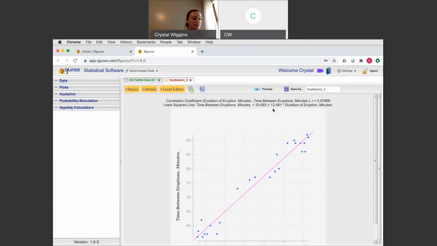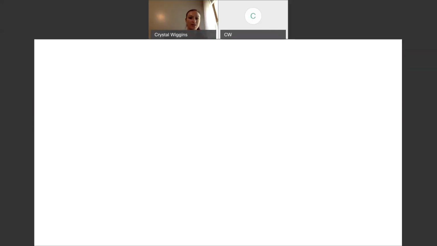This equation is how we can predict the time between eruptions based on a duration of eruption. We're looking at our regression line.